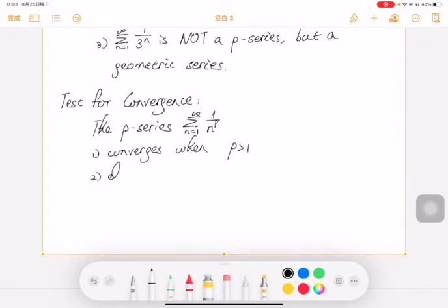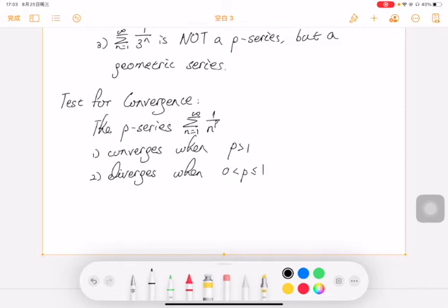This diverges when 0 is smaller than p, smaller than or equal to 1.